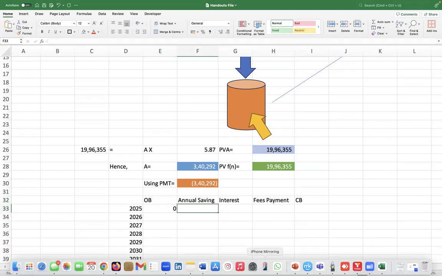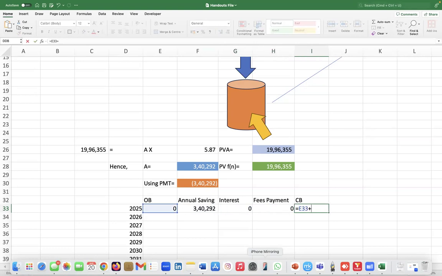I start with zero value. And I make a deposit of how much? 340,292. अभी पहले साल तो कोई इंटरेस्ट नहीं आएगा because I am making the deposit at the end of the year. So no interest. फीस पेमेंट भी नहीं होगी पहले साल में, तो क्लोजिंग बैलेंस तो वही रहेगा. This will become your opening balance for next year.